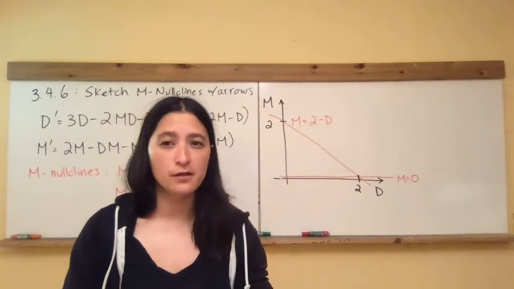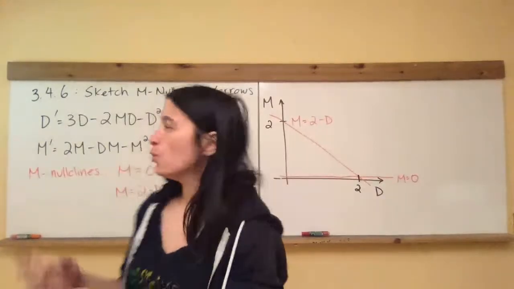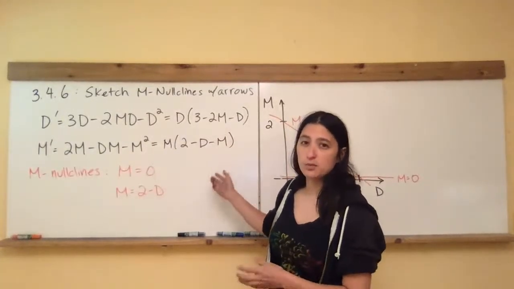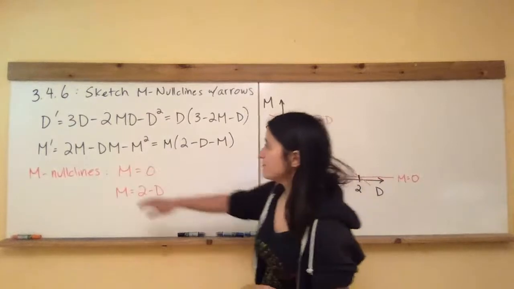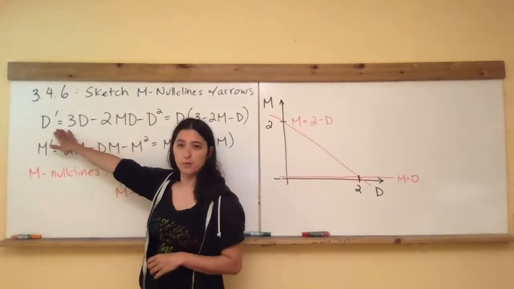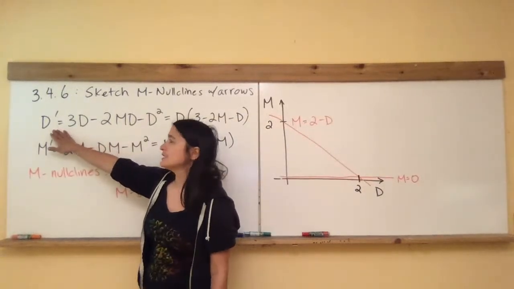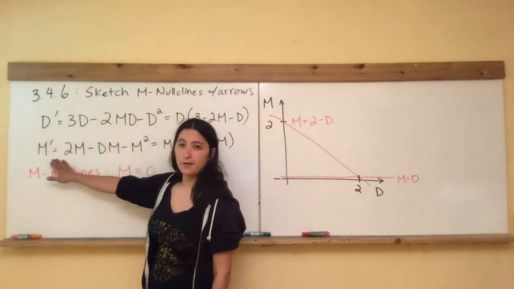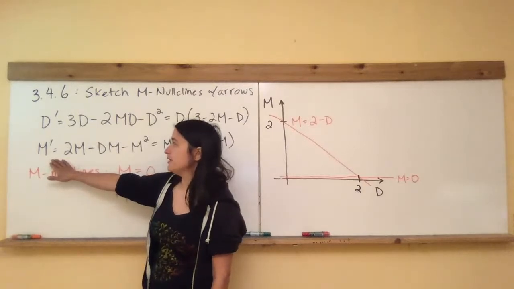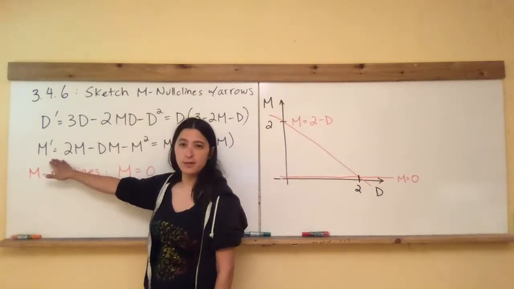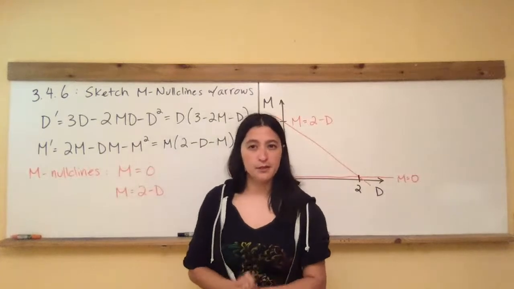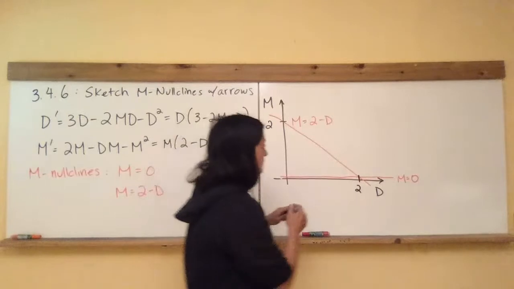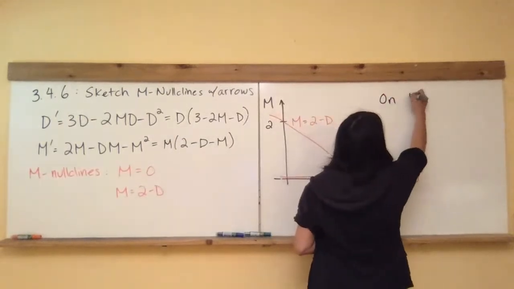Remember that nullclines are the places where one of the components of the change equations is 0 and the other one is non-zero. The left and right components of the vector field are dictated by the equation for D prime, and the up and down behavior, the second component of the change vectors, is predicted by M prime, and we're working on the M nullclines. So I just want to pose this question to you all right now: are these going to be left and right, or up and down, on the M nullclines?